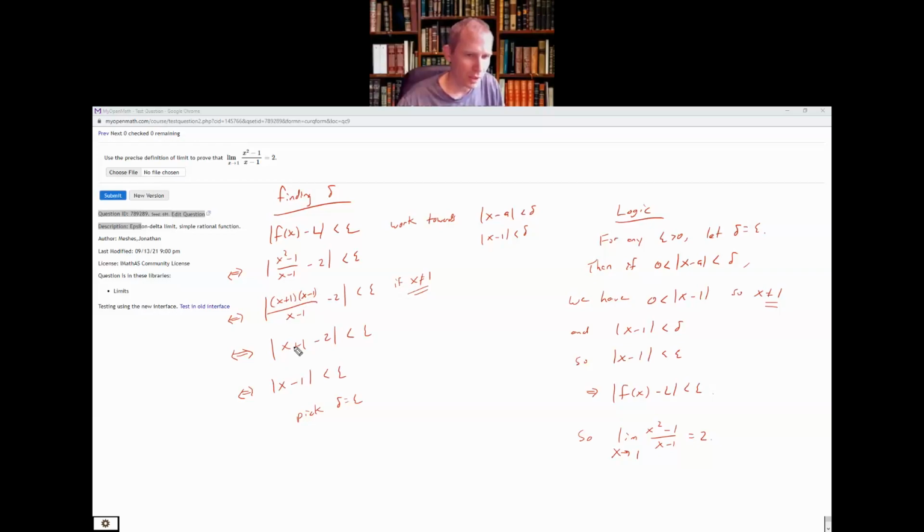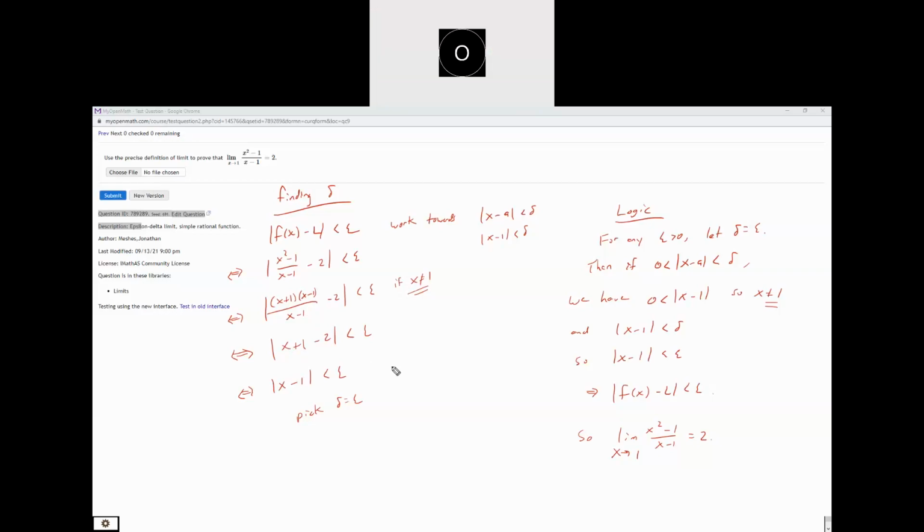They're only equal for the x values that are not equal to 1. So if I want to make this logical jump, I have to make sure that I'm cutting that out, because here it doesn't look like there's any problem with 1. Okay, so you have to clarify that in this one. Yeah.